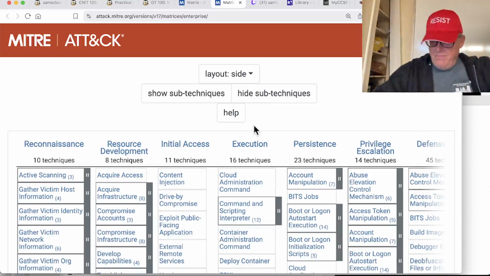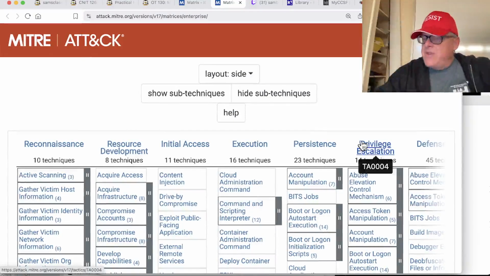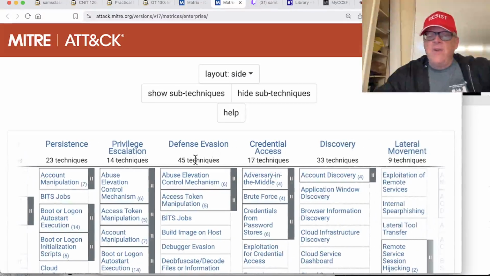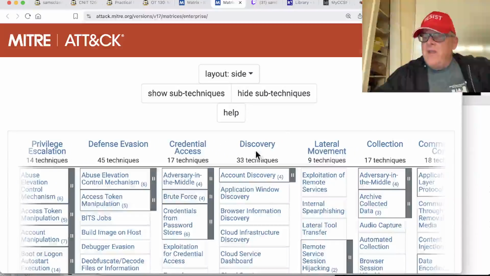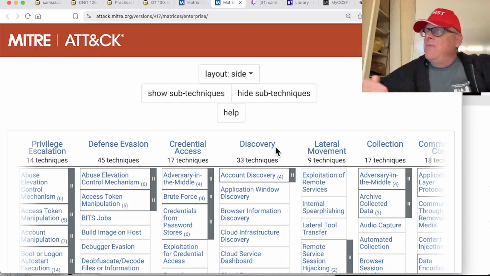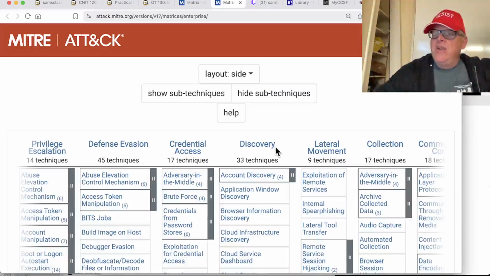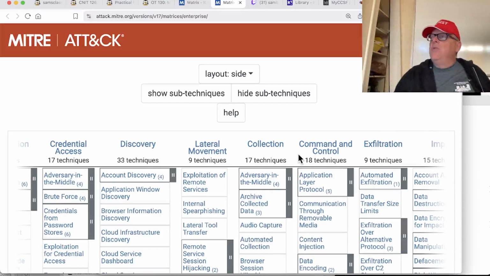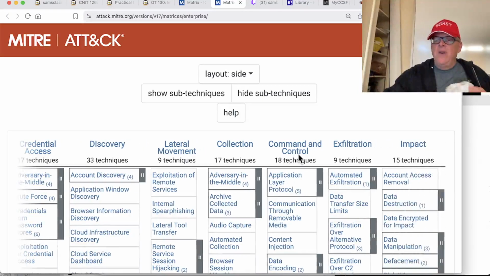Then you have execution of further code, persistence, so your malware stays on the machine through reboots. Privilege escalation, we've talked about tonight, trying to get up to administrator or domain administrator. Then you evade defenses, you get access to more credentials, you discover things you might want to steal, you move on the network laterally from point to point, taking over more and more boxes, you collect information, you have command and control to control boxes and issue commands from outside the network.